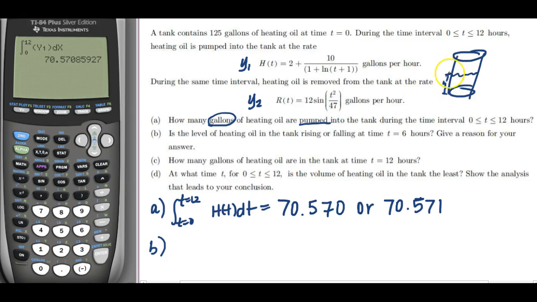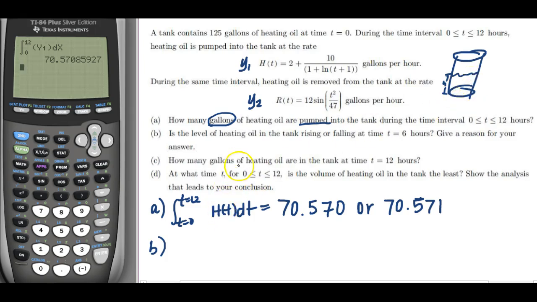But if more oil is going out right at 6 hours than is coming in, then the level of oil would be falling. So we're comparing rates here, the rate at which oil is coming in and the rate at which oil is coming out. Which one's sort of winning the race?